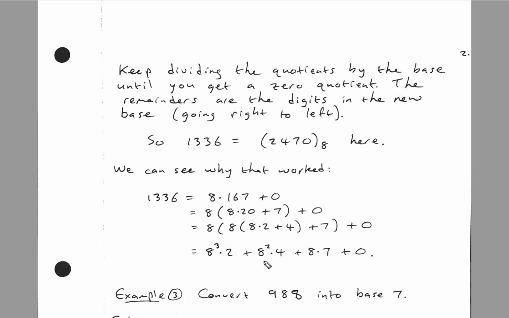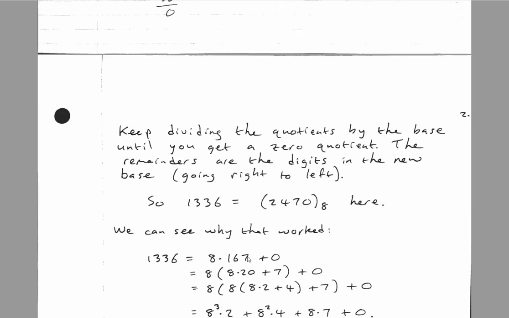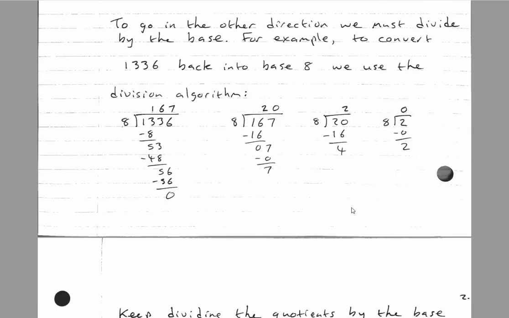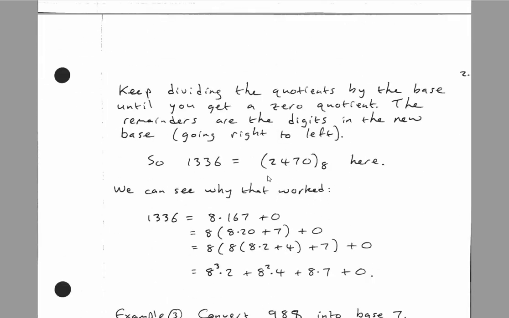So we need 2470. But it's easy to remember the algorithm: just keep dividing these quotients by the base, and the remainders give the digits. Just make sure you write them in the correct order.